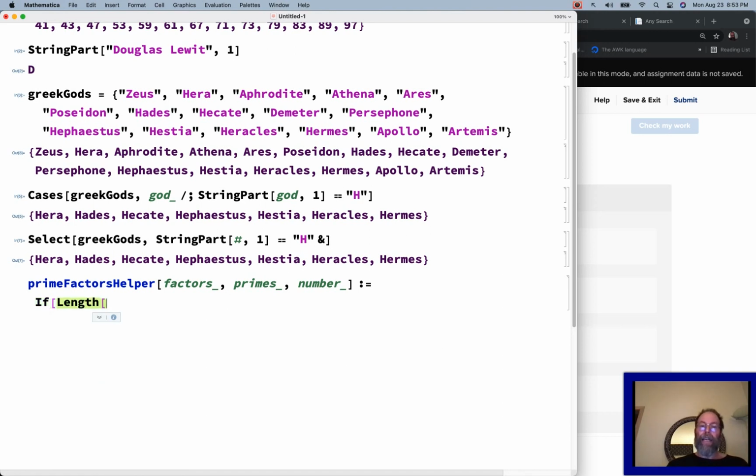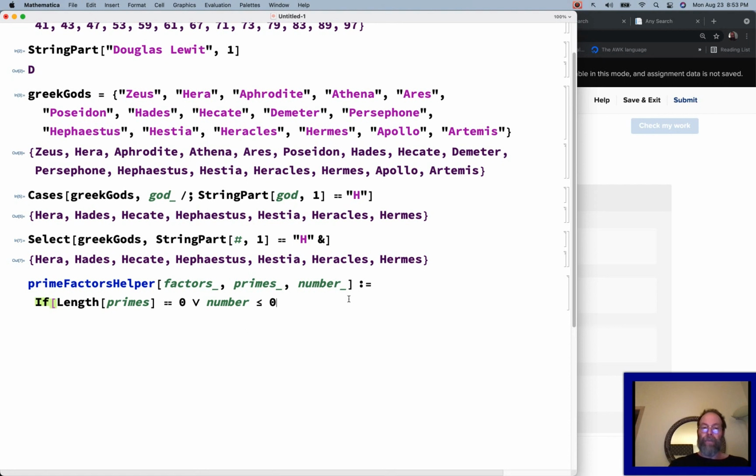So if the length of primes is equal to 0, or I can type it this way, escape || escape, or number is less than or equal to 0, because I'm going to keep using integer division, and integer division will eventually reduce this number to 0, or I'm going to use up all the possible prime numbers, okay?